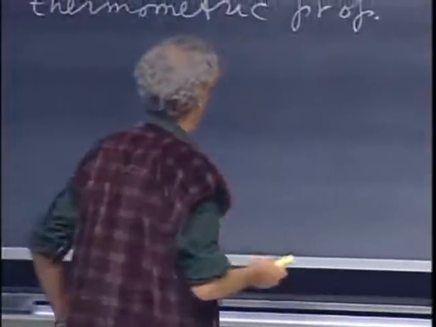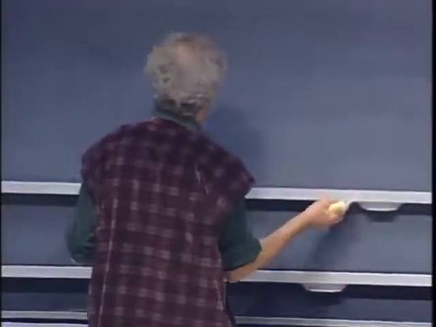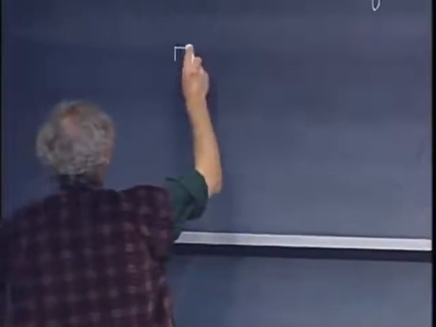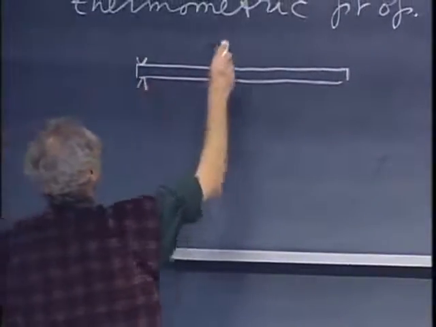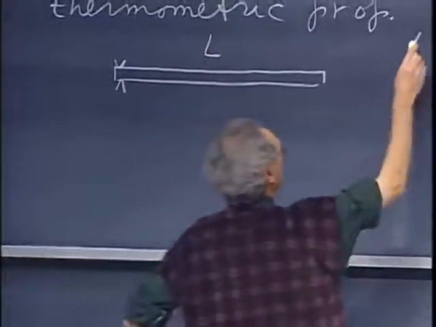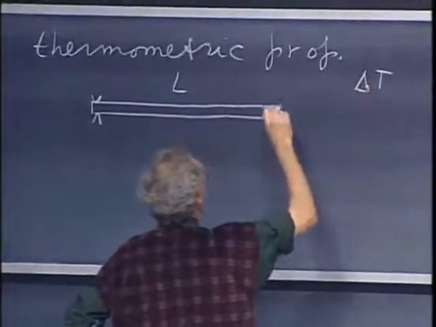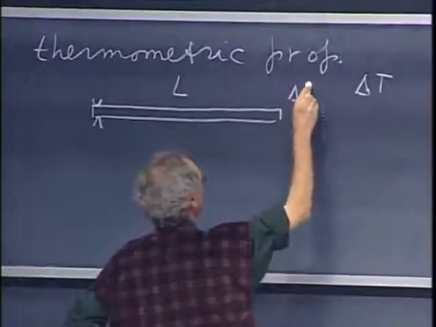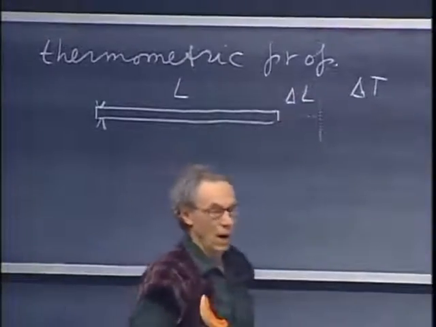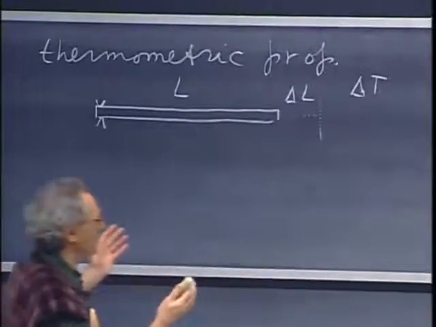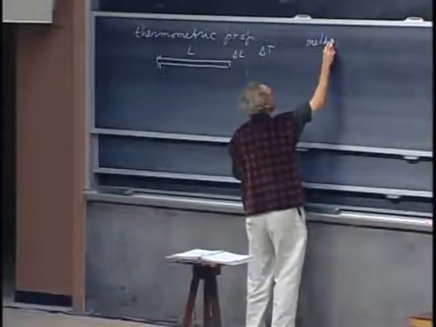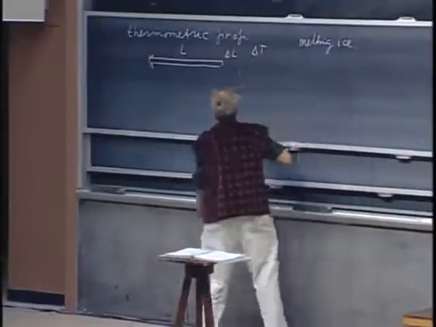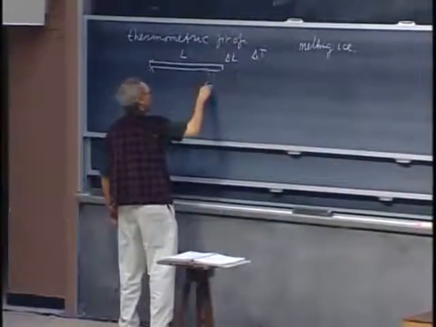And so you can define a temperature scale by looking at the length of an object. For instance, here is a bar of some material. I clamp it in here. It has length L. And I increase the temperature by an amount delta T, and it gets longer by a certain amount delta L. I could put the whole thing in melting ice, and I could say, aha, the length then is L1.